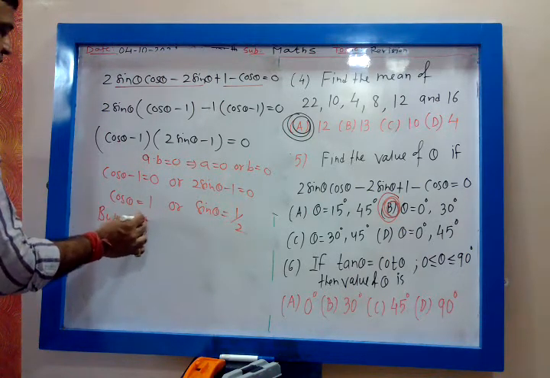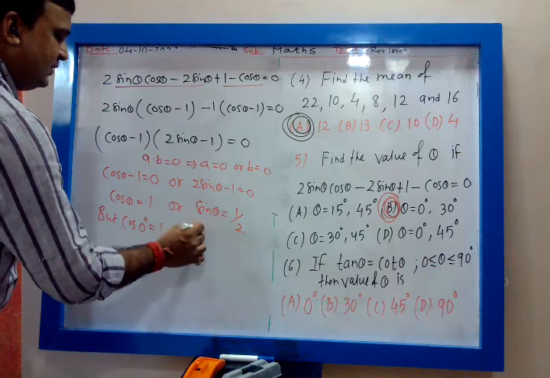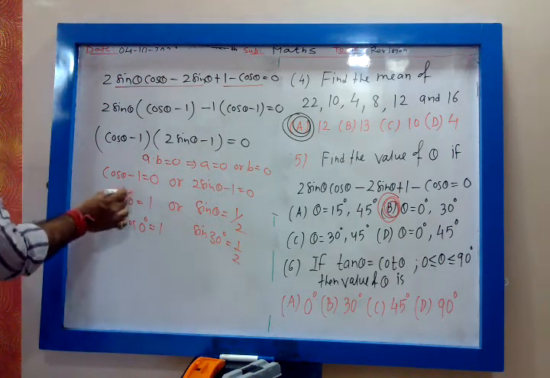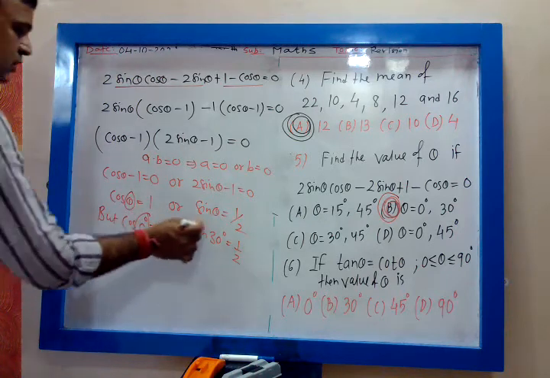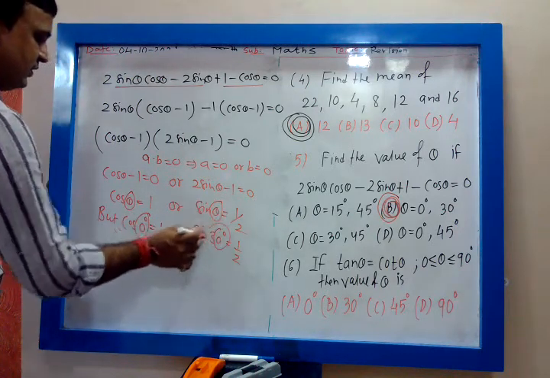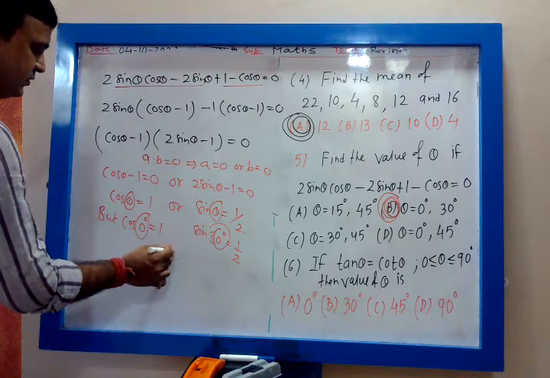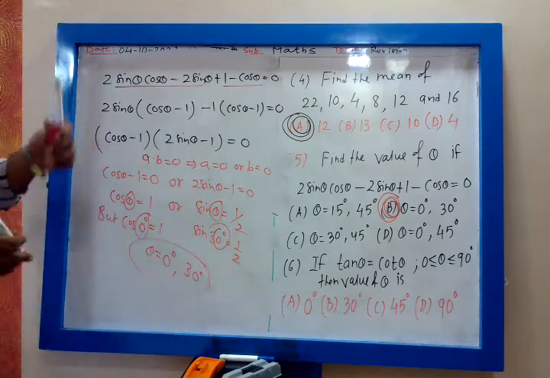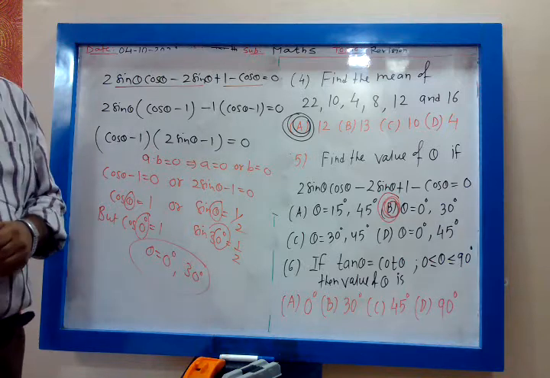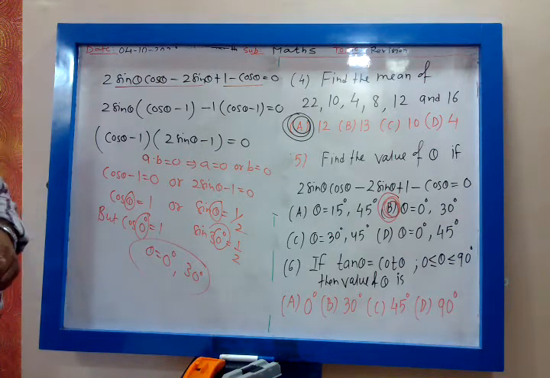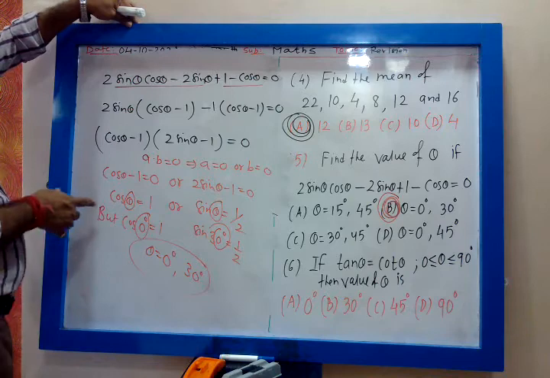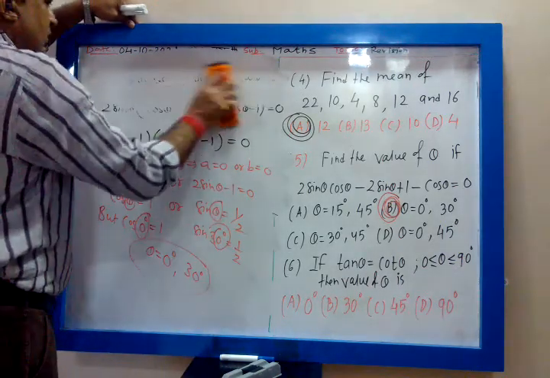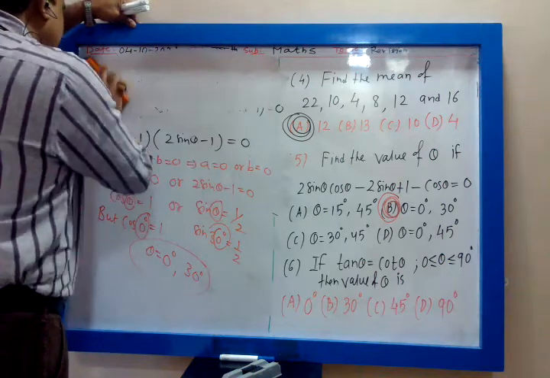Cos 0 degree is 1 and sin 30 degree is 1 by 2. So theta is equal to 0 degree or 30 degree. So the correct option is B. Theta is 0 degree or 30 degree.